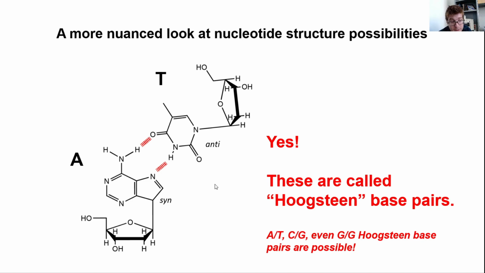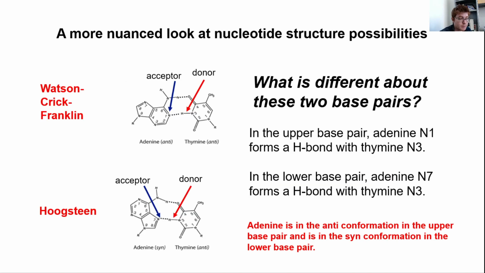And these base pairs are a real thing. They are called Hoogsteen base pairs. AT, CG, and even GG Hoogsteen base pairs are possible. So these syn-anti interactions are feasible, and they are sometimes observed.